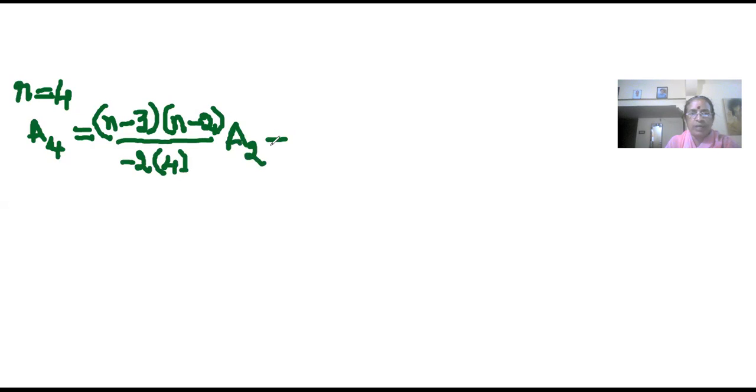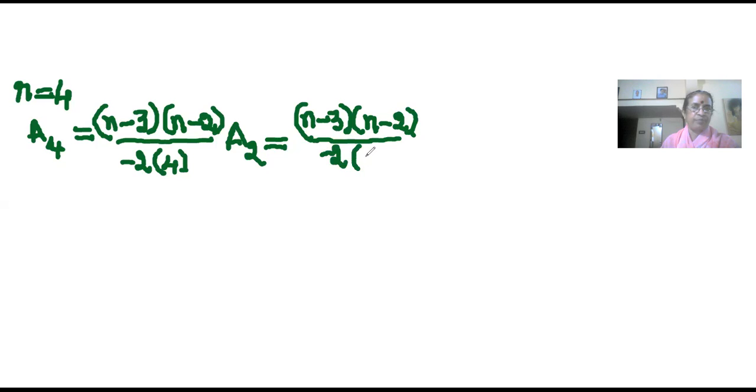But we have already calculated what A2 is, so we are going to substitute that value here. That becomes N minus 3 into N minus 2, whole divided by minus 2 into 4.